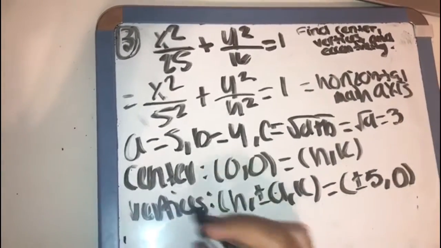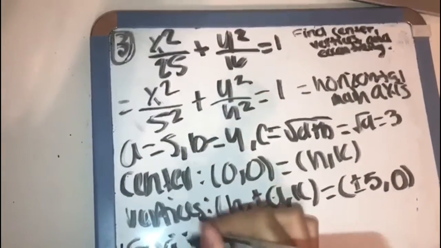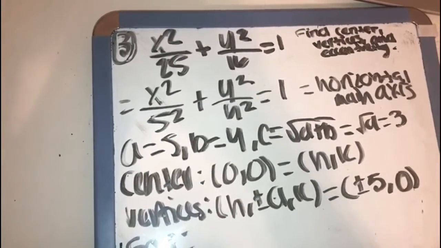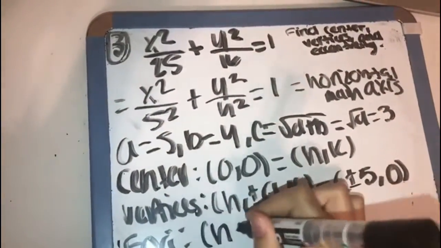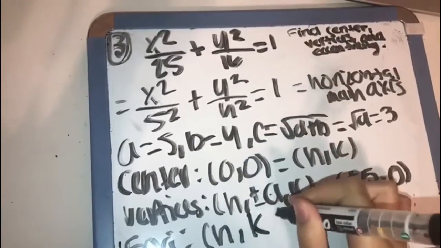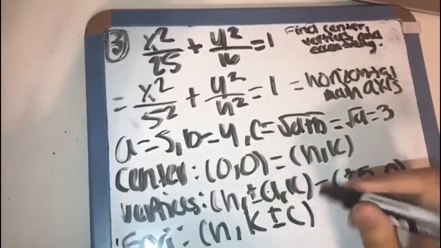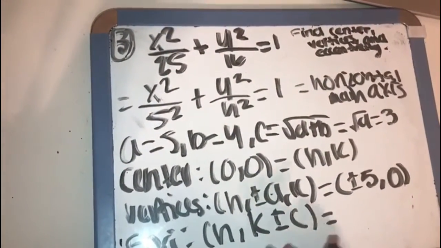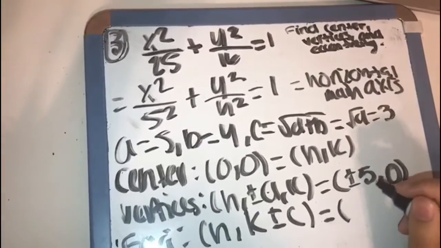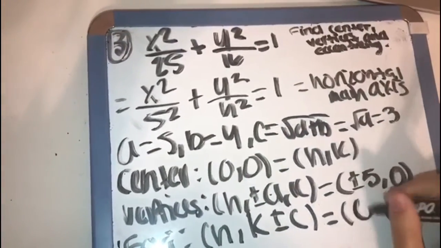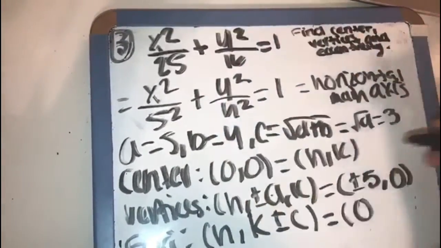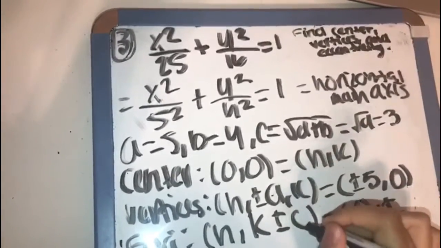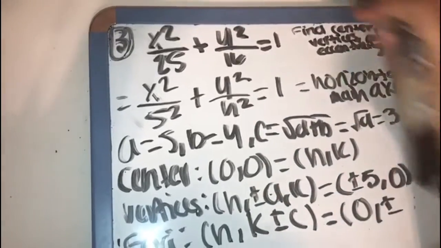The foci we found, or we can try simplifying. Now the foci formula is h plus and minus c, and k. If you didn't know that, if you try substituting all that in the formula for the foci part, h is 0, because h is involved in the center, and then we have plus and minus c, and we found 3 as c.